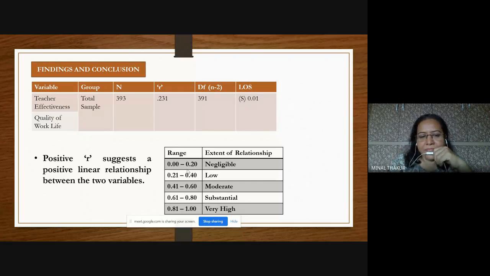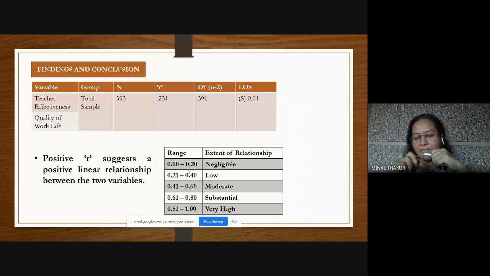Even 1 will show some kind of value, some kind of relationship. If you take say 0.01, it falls in this particular range, and therefore there exists a relationship, but it is negligible.